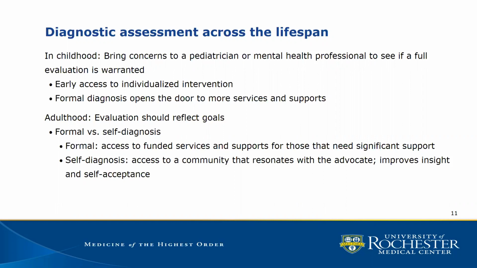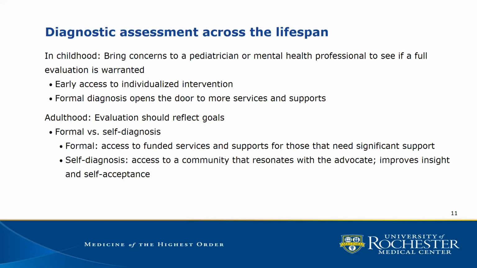So for people that feel like they need access to funded services and supports, or maybe an adult that has an intellectual disability, and that's always been the primary diagnosis, but now we feel like some of their behaviors are better described as autistic, that would help them access more specialized services. It would help providers understand them a little bit better. Those are a lot of reasons to go through the long process of getting a formal diagnosis in adulthood.